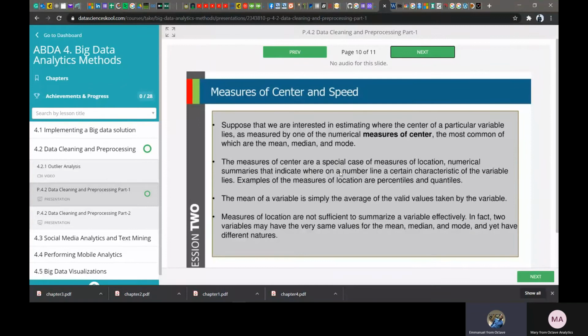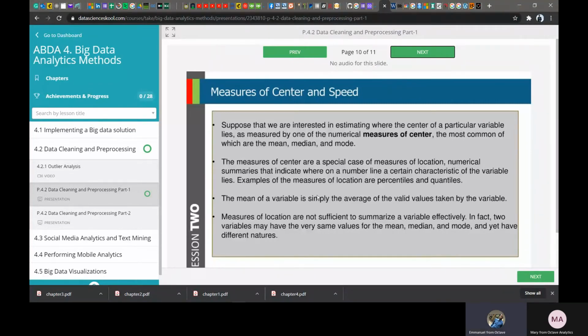Measures of location are numerical summaries that indicate where on a number line certain characteristics of the variable lie. Examples of measures of location are percentiles and quantiles. With percentiles and quantiles you say, okay, let's say 25% of this data set lies between this value.